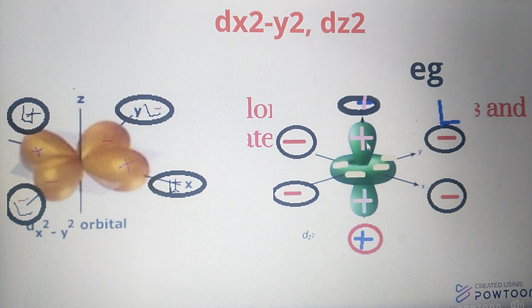Here it consists of a positive sign in the upper and lower lobe and a negative sign in this ring. This ring indicates the other orbital of dz. So the ligand of negative sign approaches toward this ring, and the ligand approaches toward the upper lobe and lower lobe of dz square.